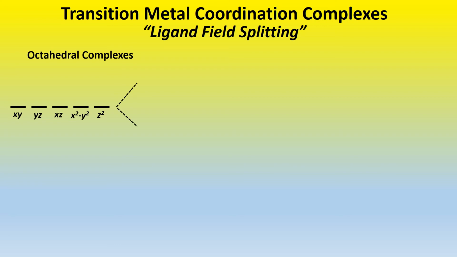Also, as you previously saw, 2 of these orbitals, x squared minus y squared and z squared, are directly in contact with the ligand. So they will be repelled and pushed to a higher energy. Since energy must be conserved, the 3 remaining orbitals, xy, yz, and xz, will be pushed to a lower energy.